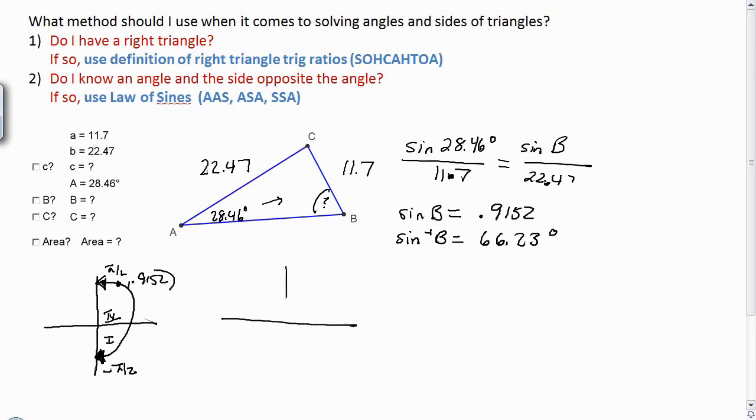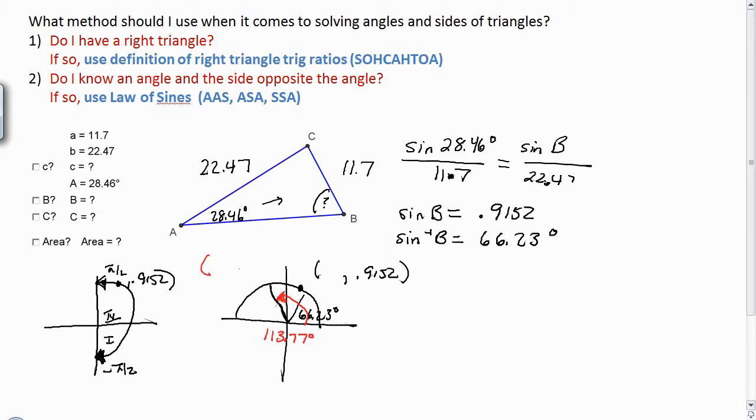But if we were to look at a unit circle all the way through, not only would 66.23 degrees have a y-coordinate of 0.9152, but you would find that on the reflection with respect to the y-axis, which would be 180 degrees minus 66.23, if I drew this out in red, going all the way from here to there would make that angle 113.77 degrees.